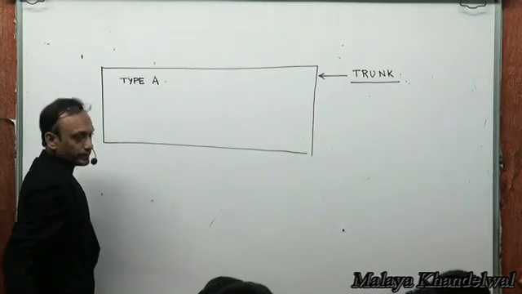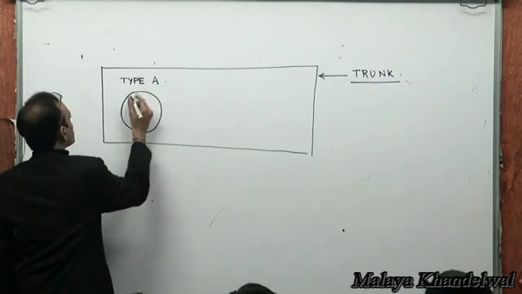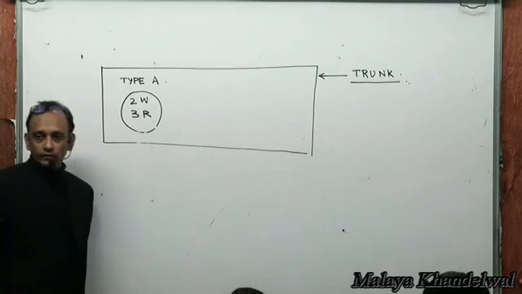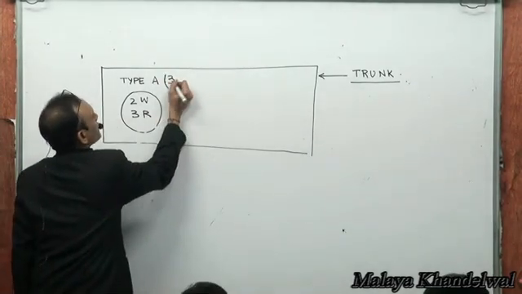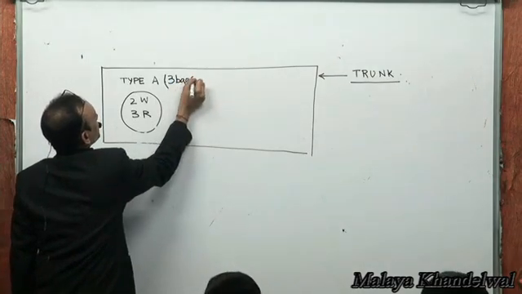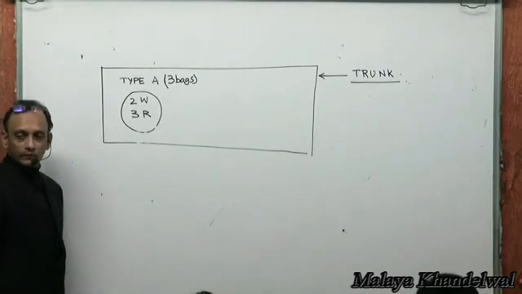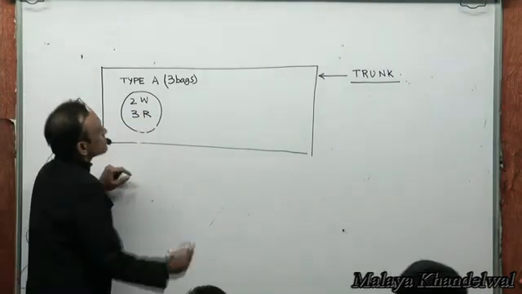Type A has 2 white balls and 3 red balls. And there are 3 bags of this type, type A. Each bag contains 2 white and 3 red balls.